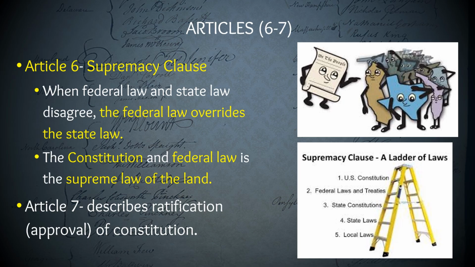The Constitution and federal law is the supreme law of the land. So you always have to remember, guys, federal law is always going to trump state law. Federal law is more powerful than state law. And the Supremacy Clause, Article 6 of the Constitution, states that and makes that true within our laws.